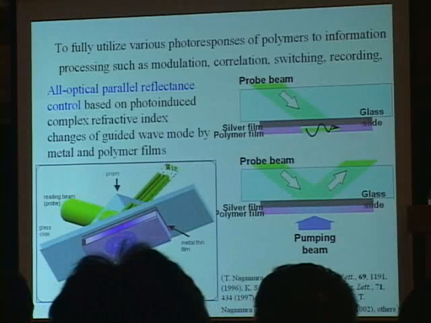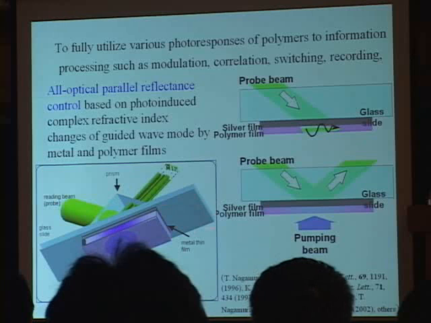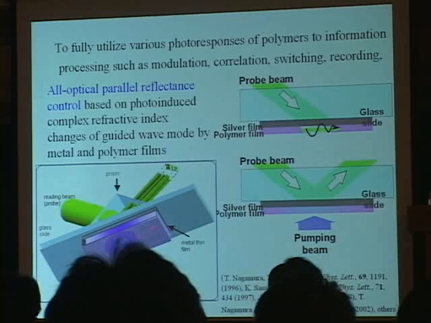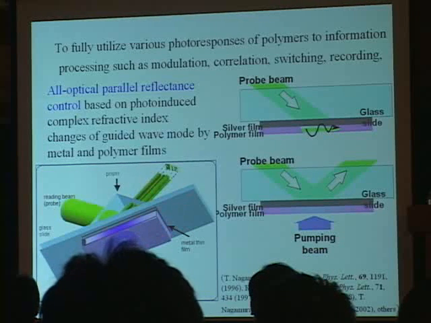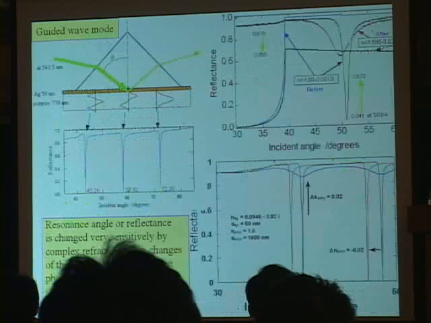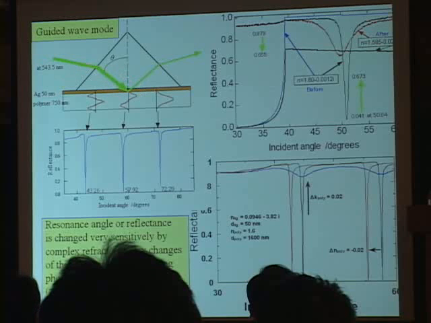This is very simple. We proposed this system about 10 years ago. This is a prism glass slide, which is covered with a metal film and a polymer film. This polymer film contains dye dispersed as a part of the main chain. And if we introduce light from this direction, at some condition the reflectance becomes almost zero.